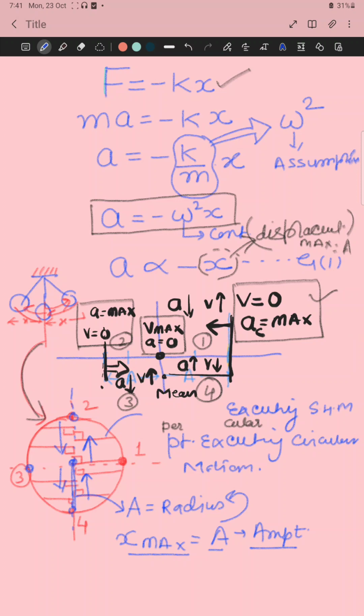Now next occasion we are going to discuss a few kinematic equations, like we will see the xt graph, vt graph, at graph, and xv, av, and ax.